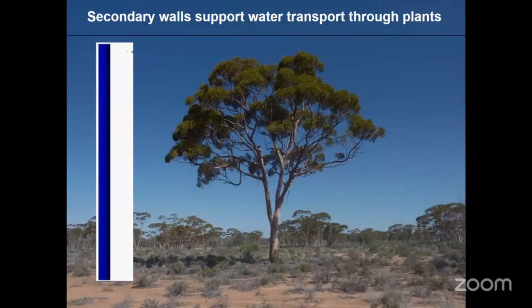Right. So just to give you an example here, if you now look at water, it's transported through, in this case, a tree, right, up to the canopy. Actually, most of the water is evaporated. About 95% of the water that is transported up to the canopy is evaporated out through stomata, right?